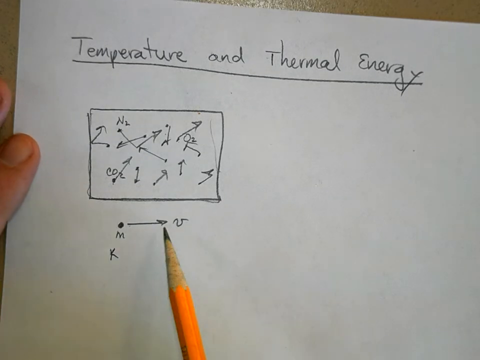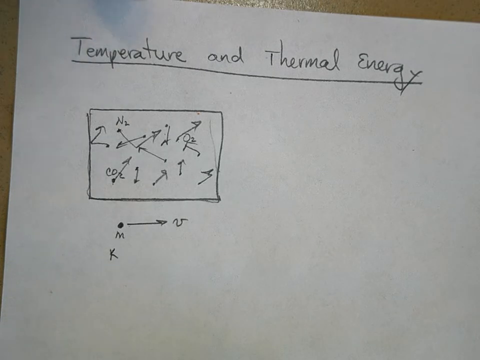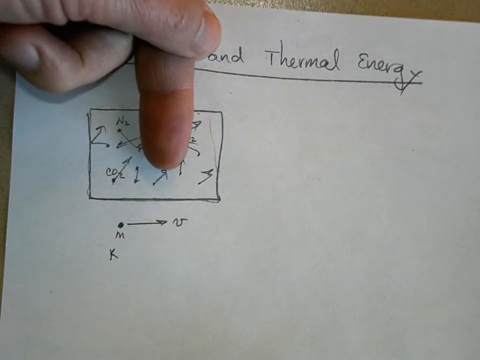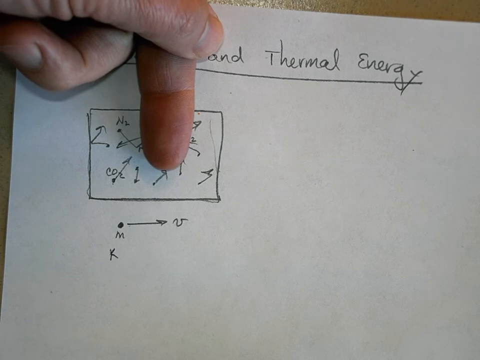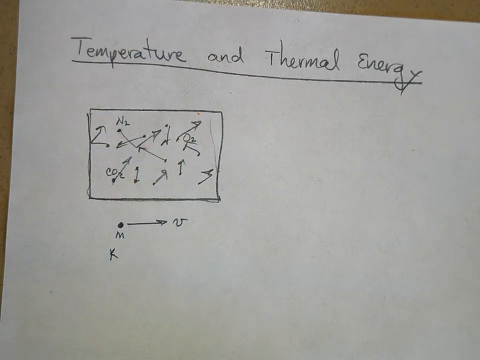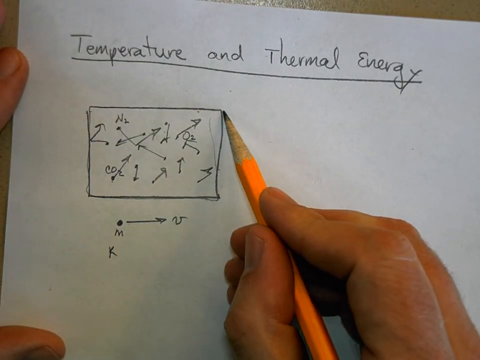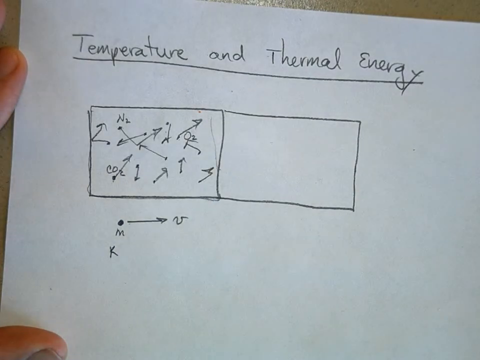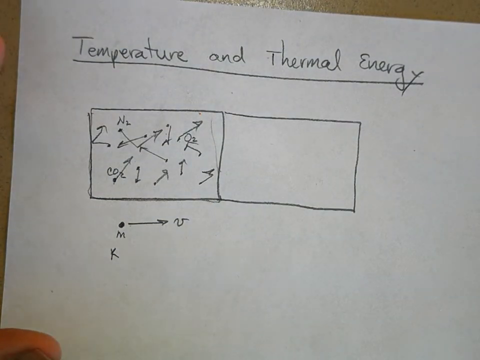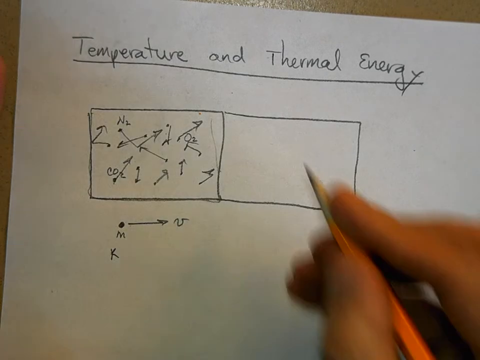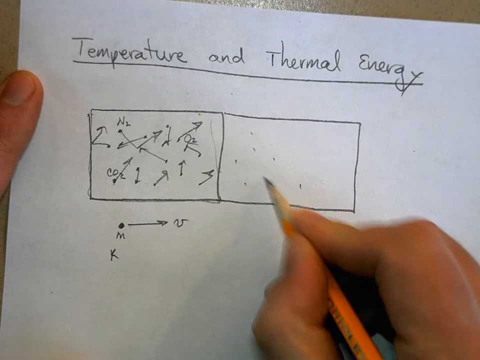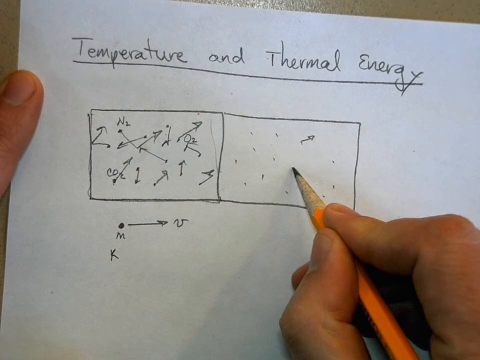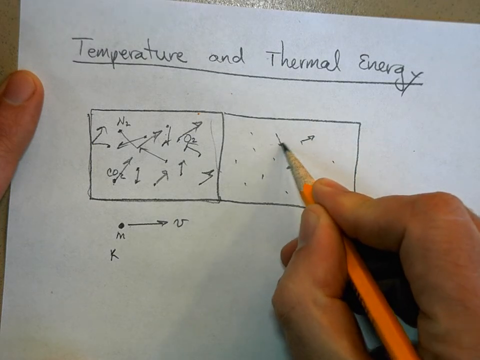Now let's suppose that if I were to take my finger and stick it in this gas, I go, ooh, that's hot. That gas is hot. But what if I had a container right next to it, with the same number of particles per unit volume, maybe it's just air, but these particles are not moving as fast.